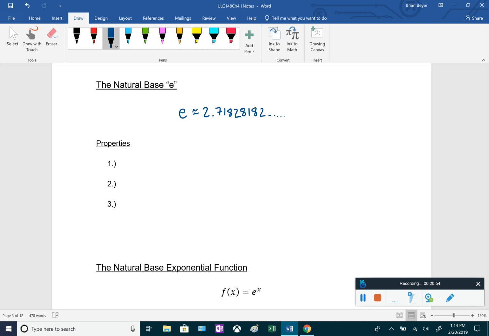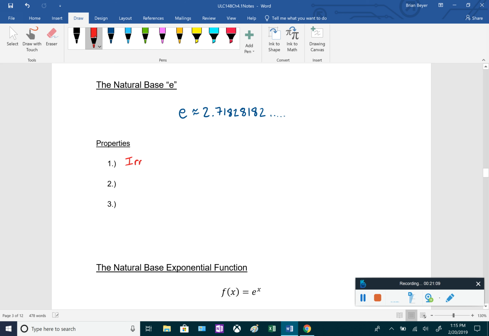It may seem like there might be some repetition here, but there actually is no repetition. It's going to go on forever, and it's never going to repeat itself. What that means is that it is an irrational number.